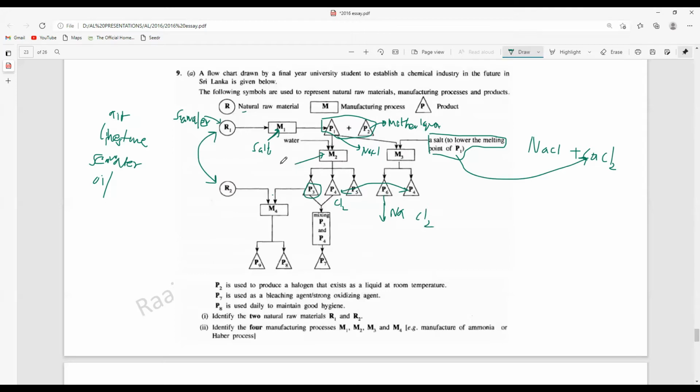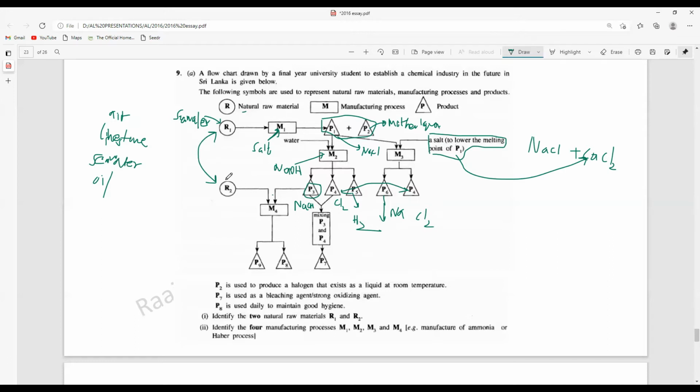So this should be NaCl aqueous, used to manufacture NaOH, because that is when you obtain the product Cl2 as well. So P3 is NaOH and Cl2, and you get P5, which could be an additional byproduct, which is H2 in this case.